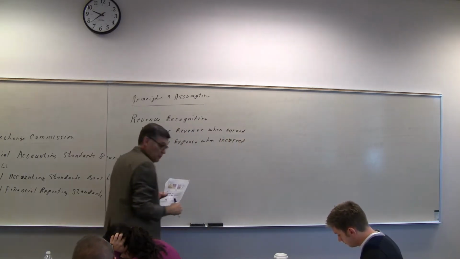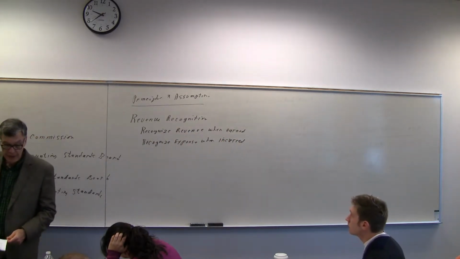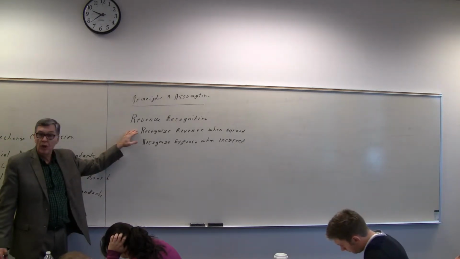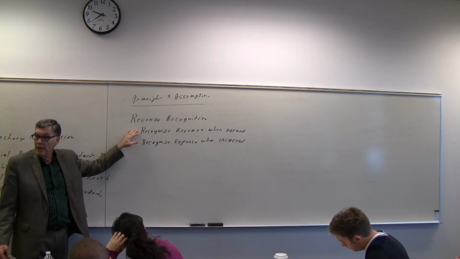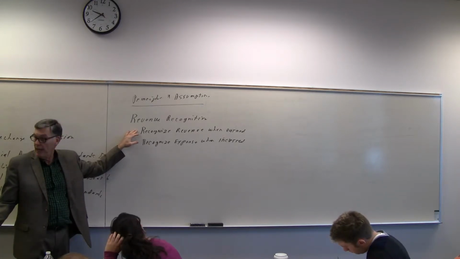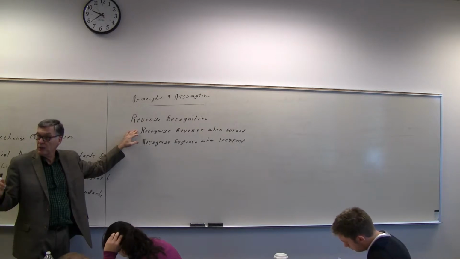So what happens here is, don't forget, you recognize revenue when it's earned. Now, if you have not received the money, it goes into accounts receivable. If you have received the money, it goes into cash. But you recognize it when it's earned, not when you receive the money.